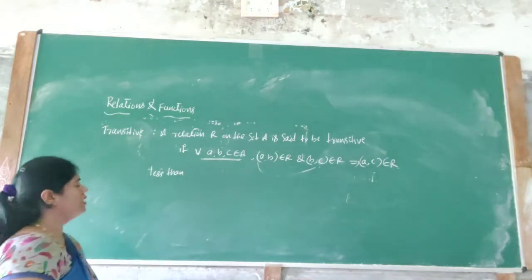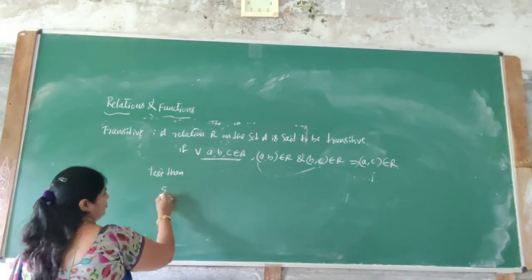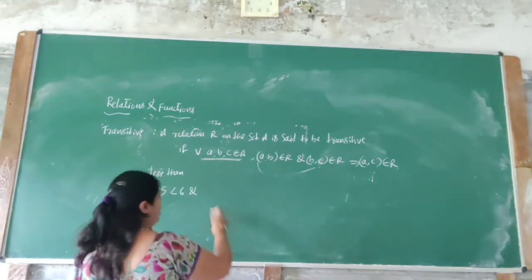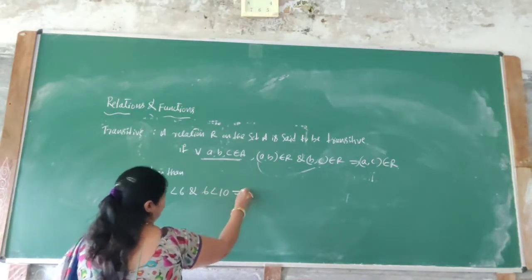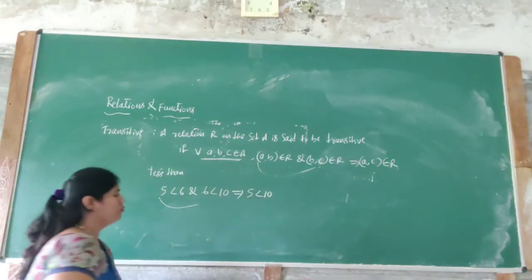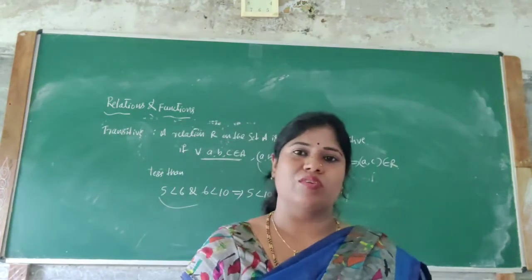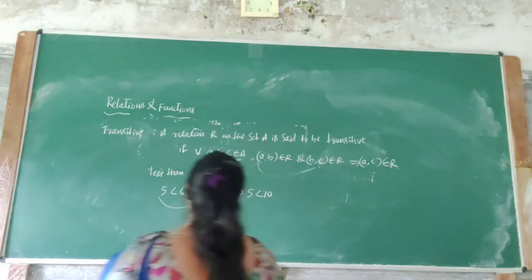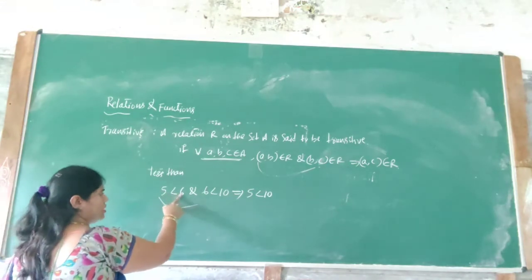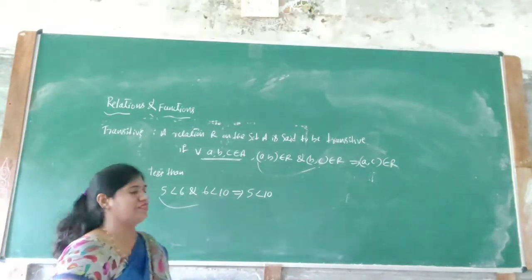Less than is also a transitive relation. For example, 5 is less than 6 and 6 is less than 10, which implies 5 is less than 10. It is also a transitive relation. 5 is less than 6 and 6 is also less than 10, which implies 5 should also be less than 10.